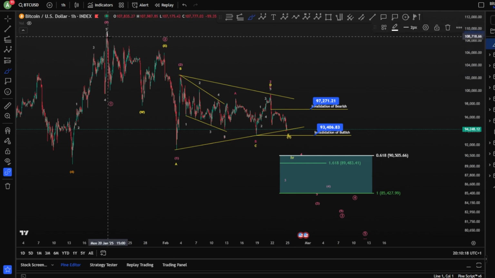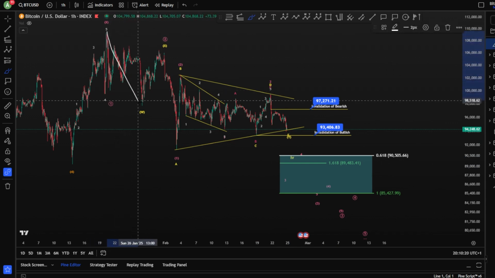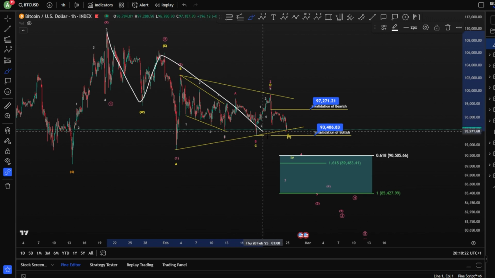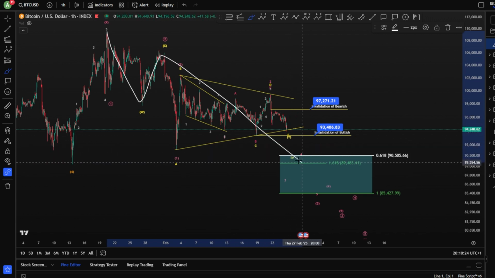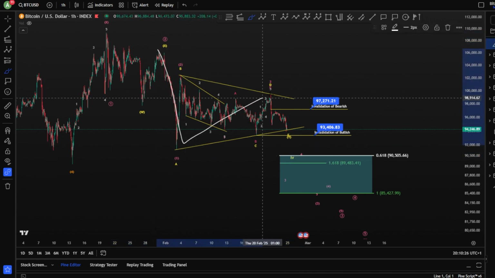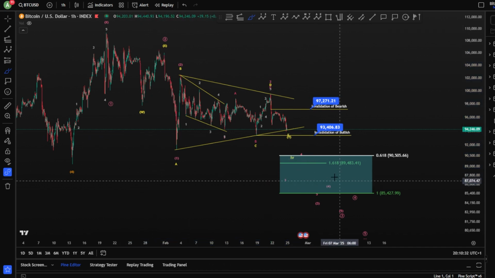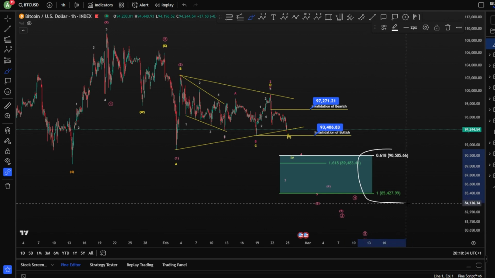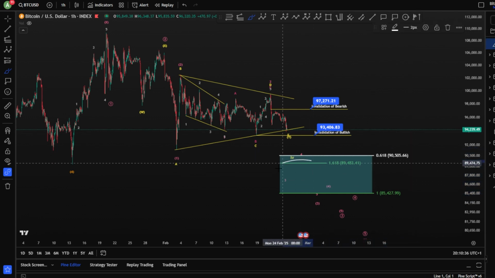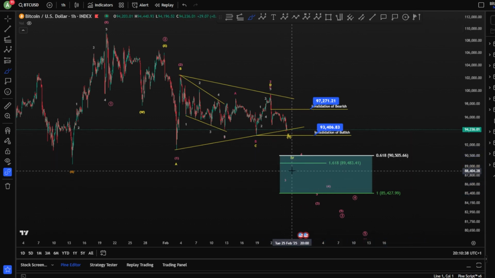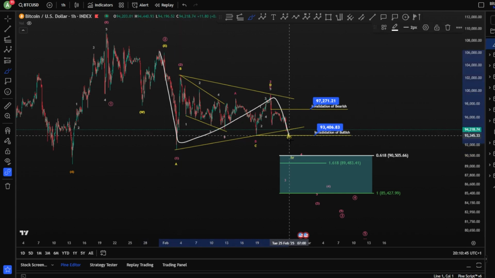So we have probably here, after this W, X, and a Y, in case this wave Y is a very big zigzag, we're looking for an A, B, and a C. Your wave C, as part of a big wave Y here, your target can be anywhere inside this blue zone, and it depends on how impulsive this wave C is going to be.